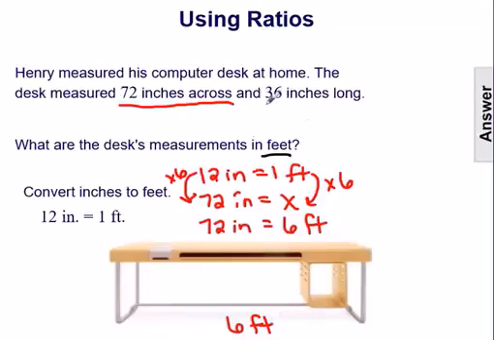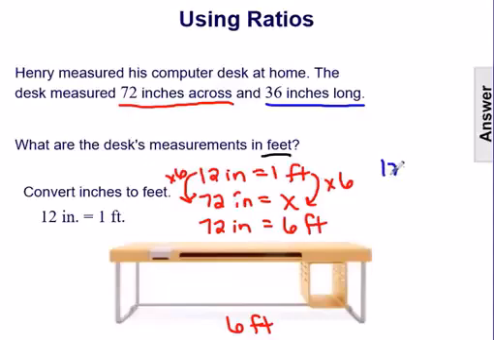Now let's look at length. Let's look at 36 inches long. It depends on your perspective what your length versus your width is, but one of it isn't specific. But this across is 6 feet. So we've got 36 inches long.